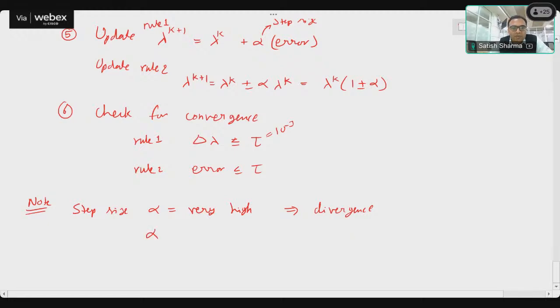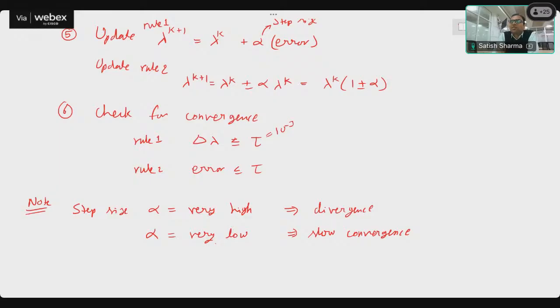If this alpha is very low, then a very slow convergence will be achieved. And if this alpha is, let's say, optimal, then your algorithm will converge in a very small number of iterations.